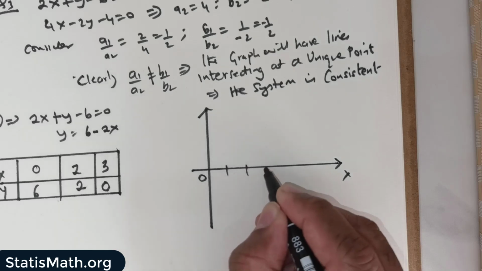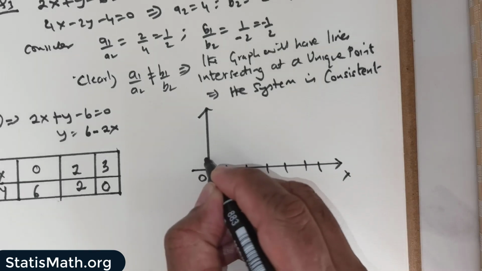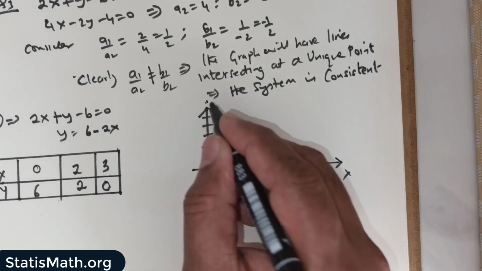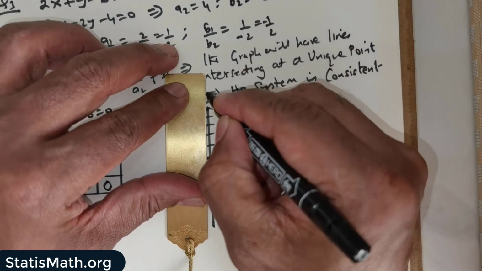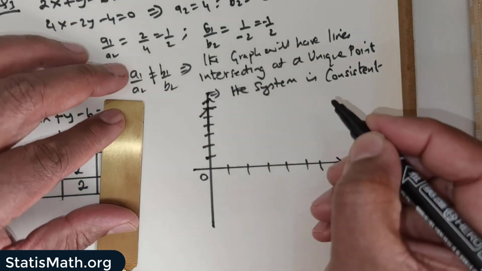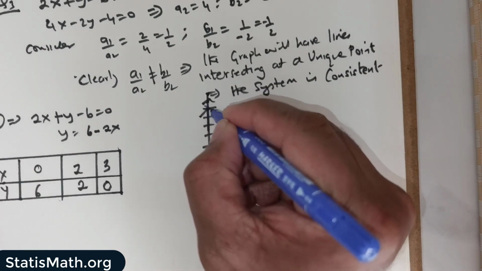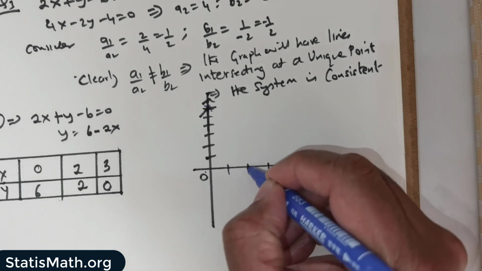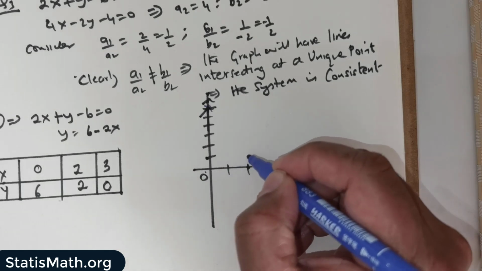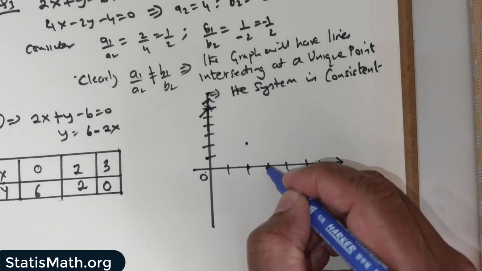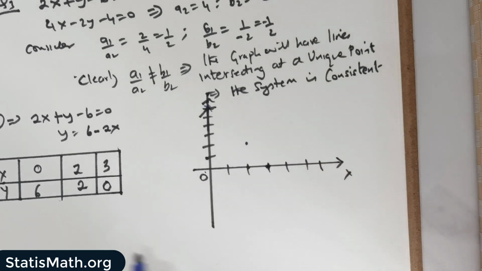So 0, 1, 2, 3, 4, 5, 6, 0, 1, 2, 3, 4, 5, 6. So when x is 0, I would have a point here. When x is 2, I would have a point here. When x is 3, I have a point here. This is the point I've got.